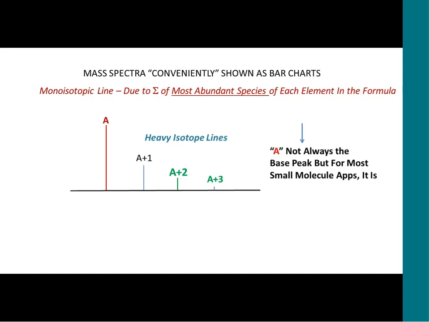By definition, the monoisotope line is due to the sum of the elements of the most abundant species, the sum of their masses in the formula to get that monoisotope line. The heavy isotope lines generally lie to the right of this line. That's not 100% true, but for the purposes of today's discussion, that's mainly going to be the case. So not always true, but usually.